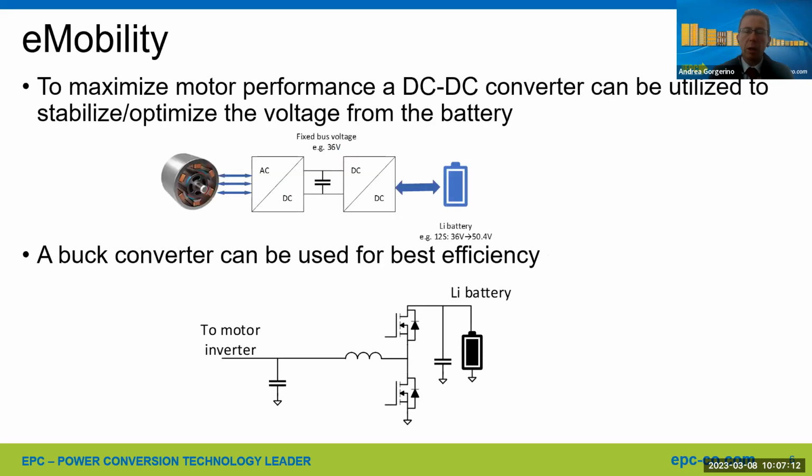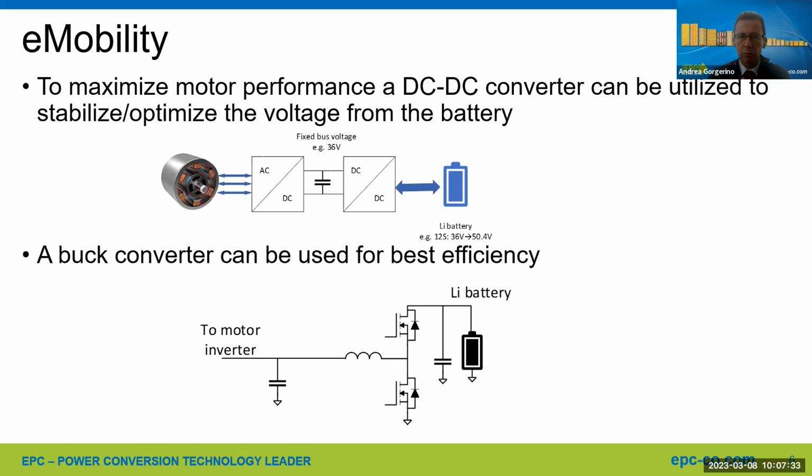The next one I wanted to talk about is e-mobility. So these are usually a little bit higher power, and I think what e-mobility basically represents is anything from e-scooters to e-bikes and e-motorcycles, smaller ones, and many other vehicles that are being electrified for this mobility type of application.